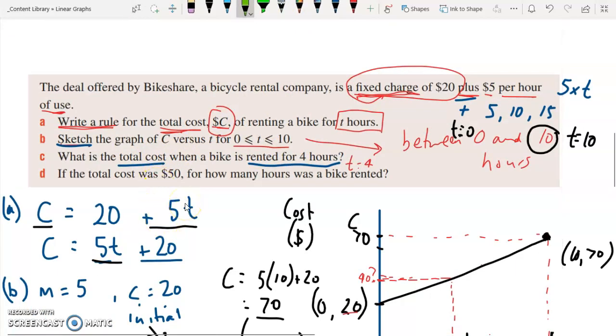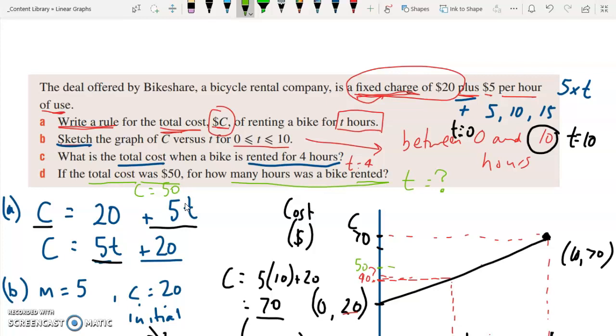If the total cost was $50, for how many hours was a bike rented? Here we want to know what t was, given that cost equals 50. Approximately here is 50.